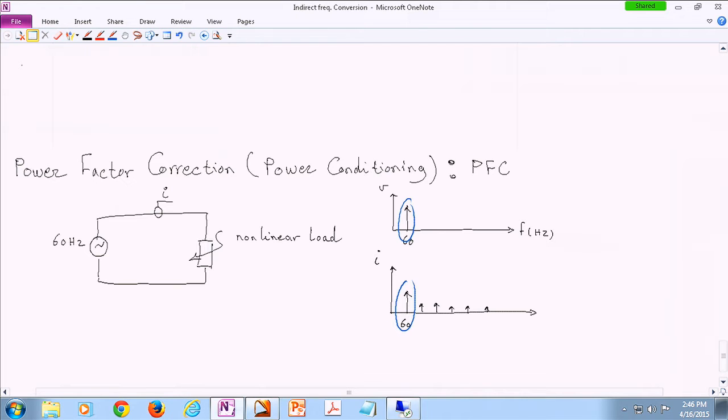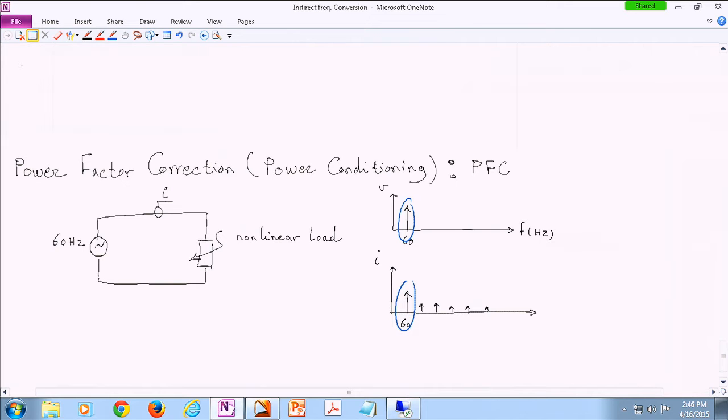If your current is not in phase with your voltage, that means not only are you drawing real power, you're also drawing reactive power. It's not really power, you're not really consuming it, but that means sometimes you're getting an extra amount of current from the grid, and sometimes you're not getting as much. And that extra current means the RMS value is going to increase, and therefore your losses are going to increase.